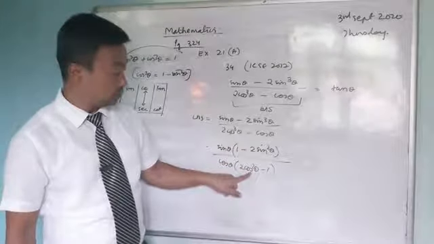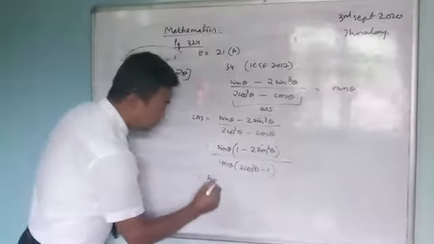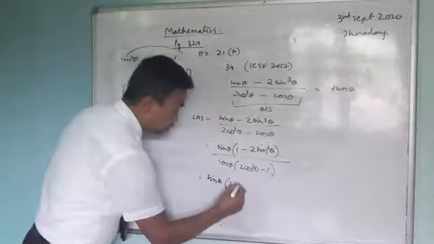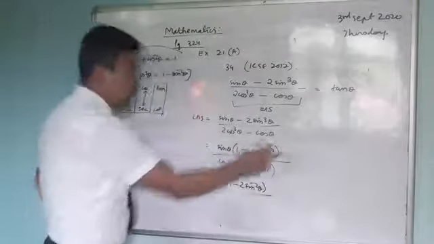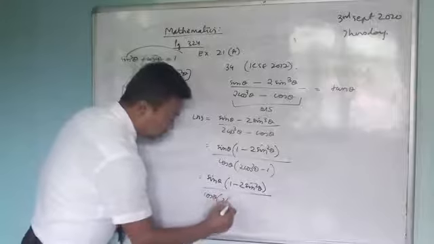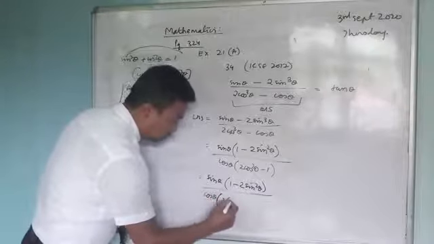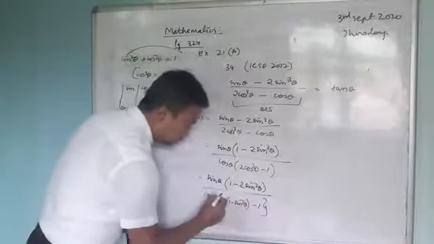So in place of cos square theta, we use this. So what do we get here? Sine theta. In the numerator, you do not change anything. So 2 cos square theta is 2 times 1 minus sine square theta, minus 1.